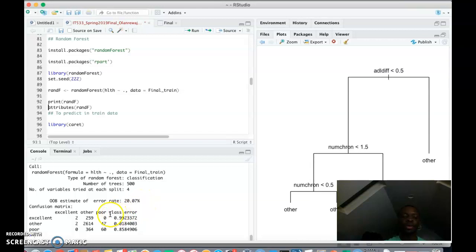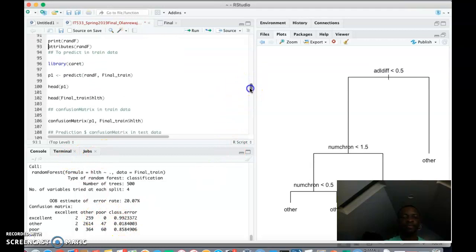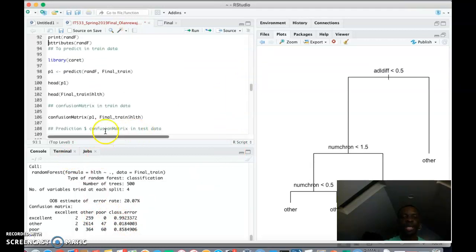That's small, but not quite small. And we have the classes excellent, other, poor. Okay, let's do the confusion matrix to determine the prediction and the actual value.